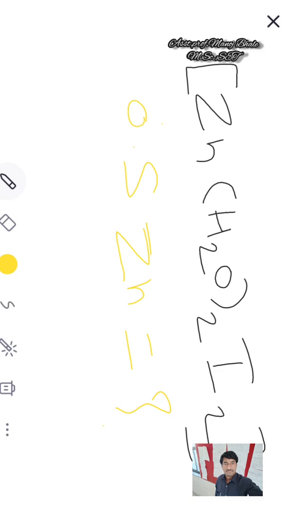One hint for all students is that water is a neutral molecule or neutral ligand, and iodine is a negative ligand. Neutral ligand has 0 charge, and negative ligand has -1 charge. So all of you calculate the oxidation state of the complex.